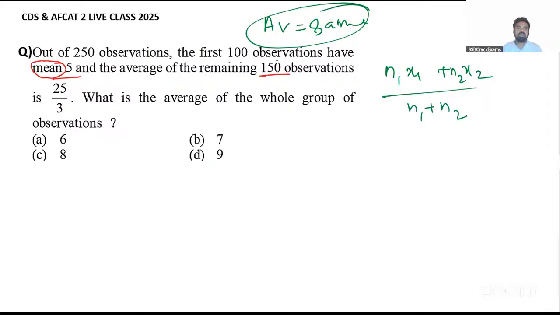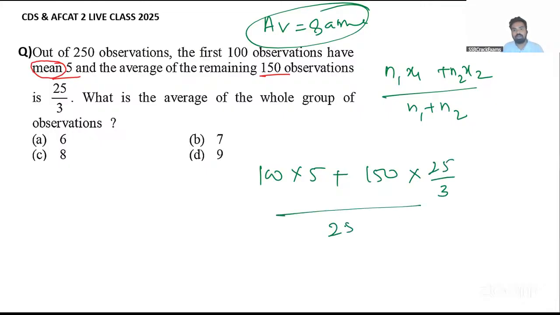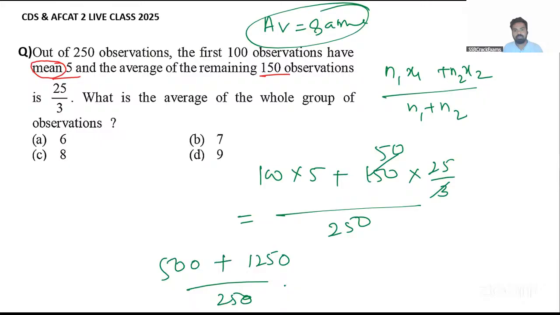So 500 plus 125 upon 250. So it is 2 plus 5, which is equal to 7. Very good.